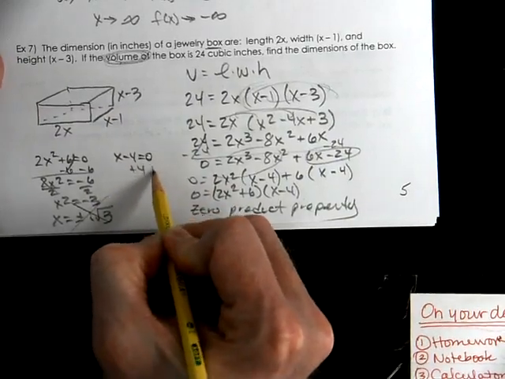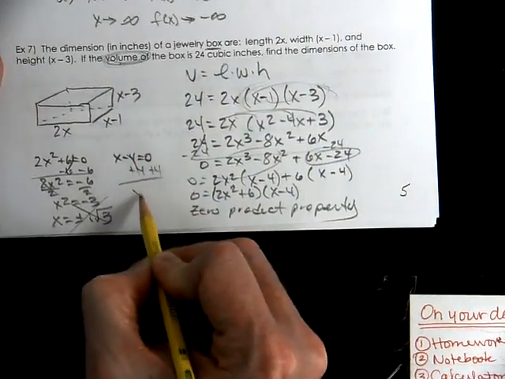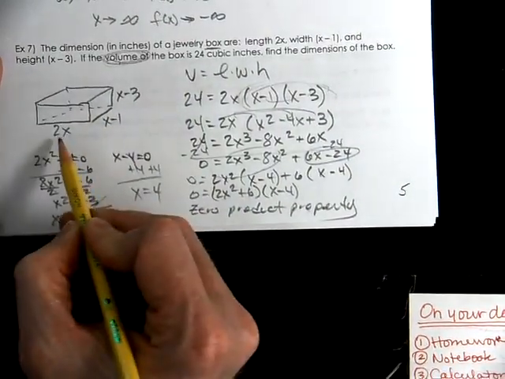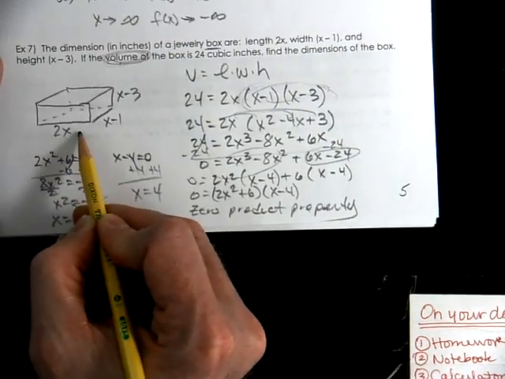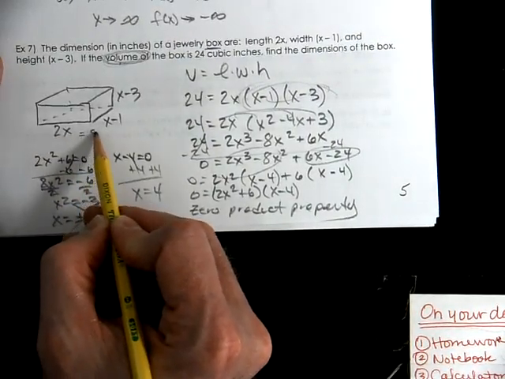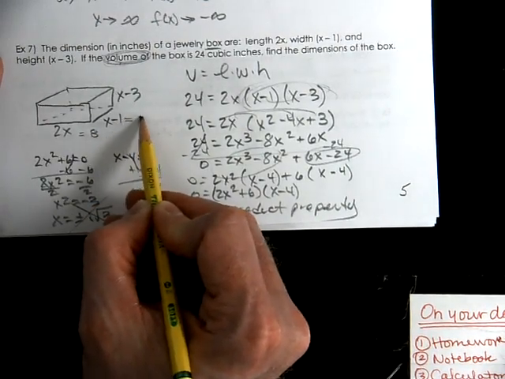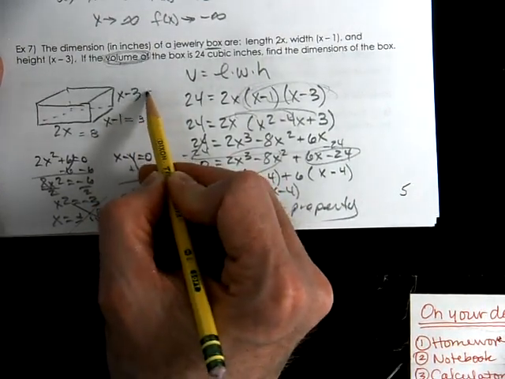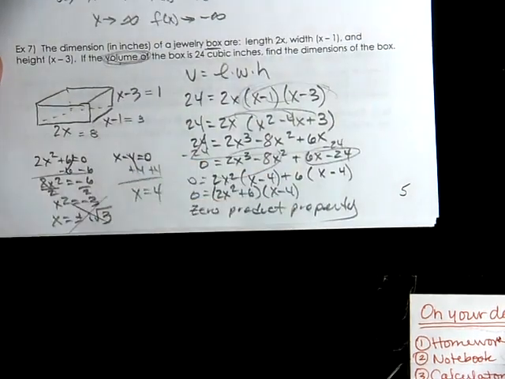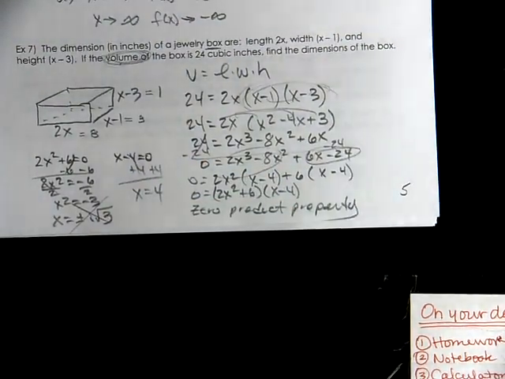Here we get plus 4, and there it is. There's your real answer. 2 times 4 gives us 8. 4 minus 1 gives us 3. 4 minus 3 gives us 1. That multiplies together to be a volume of 24.